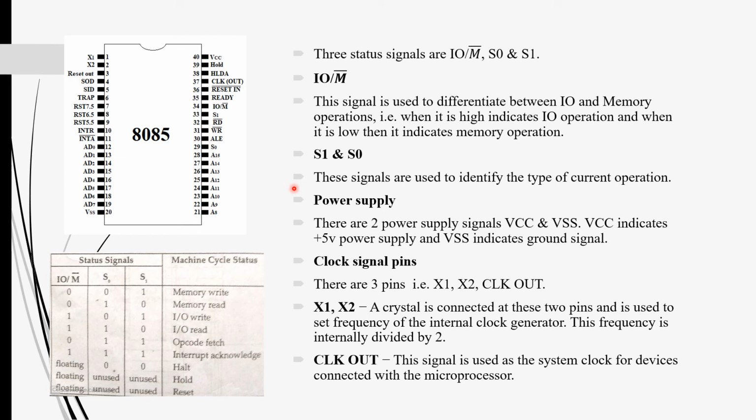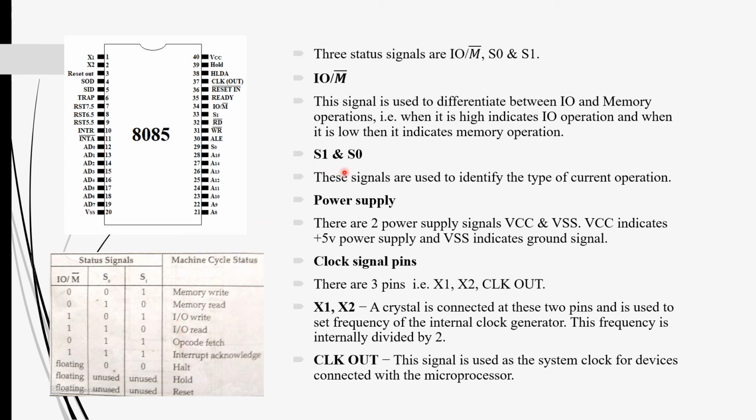That is, when it is high, it indicates input-output operation, and when it is low, it indicates memory operation. So in this table you can see when this is low, that means 0, then memory write and memory read operations will be carried out, and when this is high, then input-output operations will be carried out.